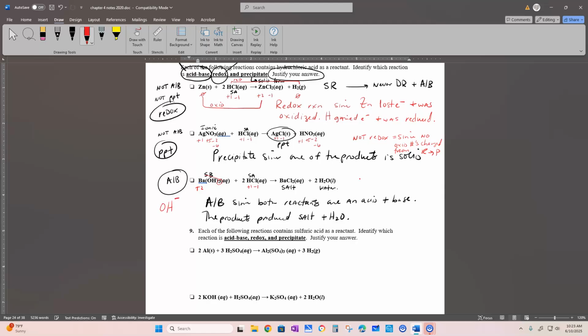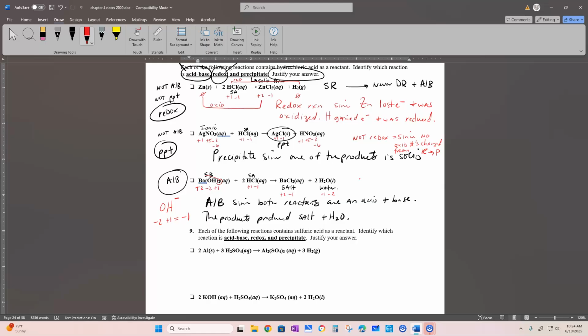But that's hydroxide, not OH. So if it has to equal -1, oxygen -2, hydrogen +1, so that's how it equals -1. So that oxygen is -2, hydrogen +1. We already know those. Cl -1, that 2 came from barium. And water will always be +1 -2.